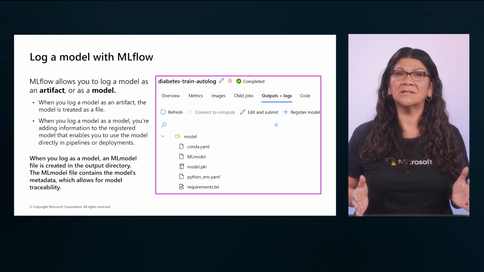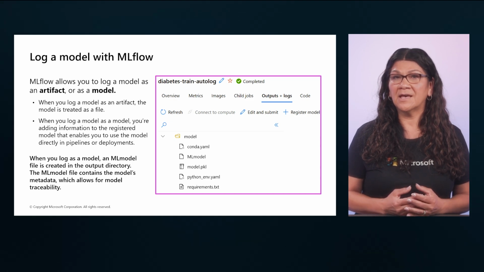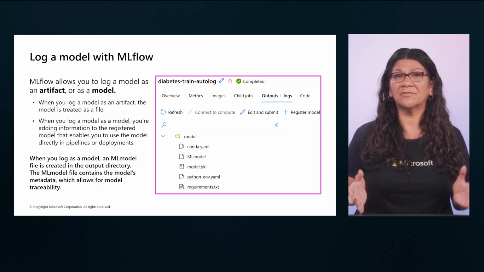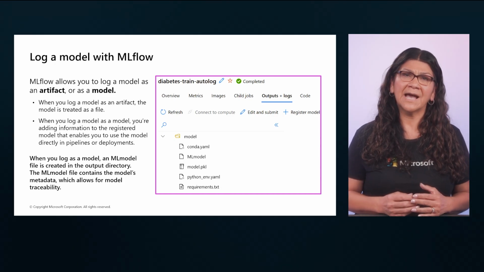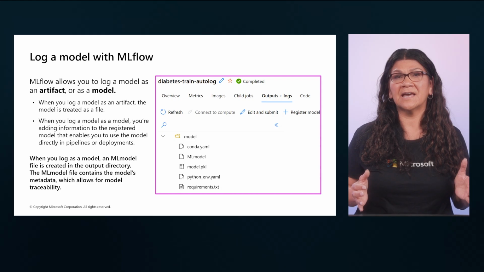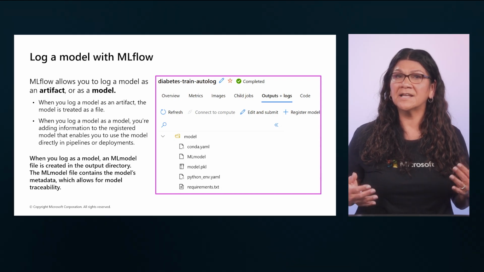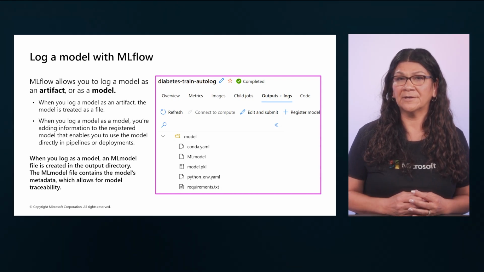When logging a model in the MLflow format, an MLmodel configuration file is automatically created in the output directory, capturing the environment and metadata needed to reproduce and deploy the model reliably.